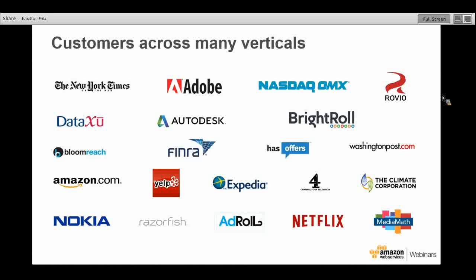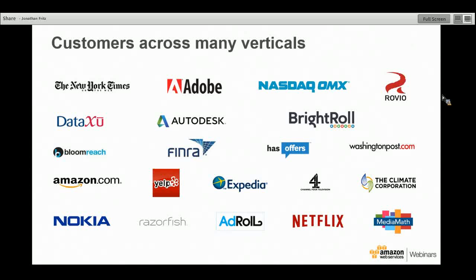We've seen a lot of customers across many verticals adopt Hadoop because it's so flexible for a variety of different data processing and warehousing use cases. And here's a subset of some of EMR's customers. A lot of these have case studies either on our big data blog or on our website.